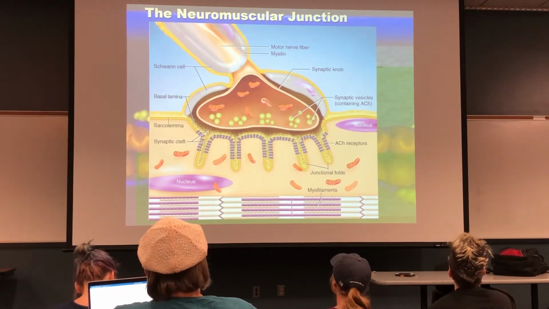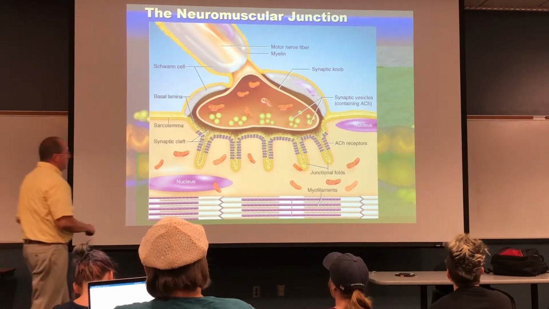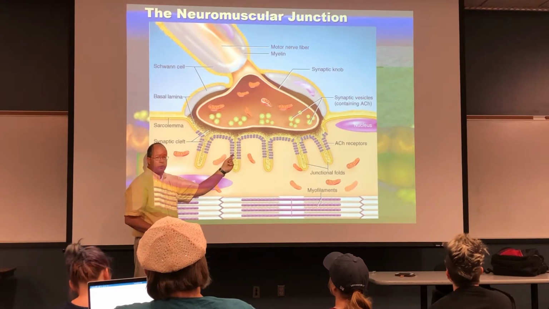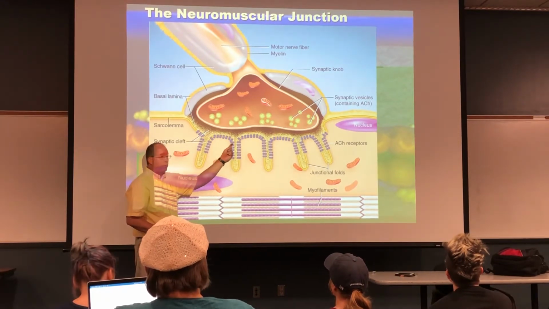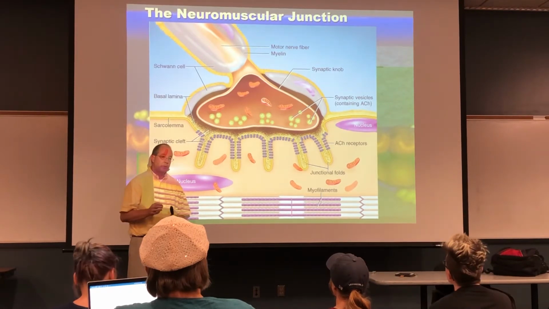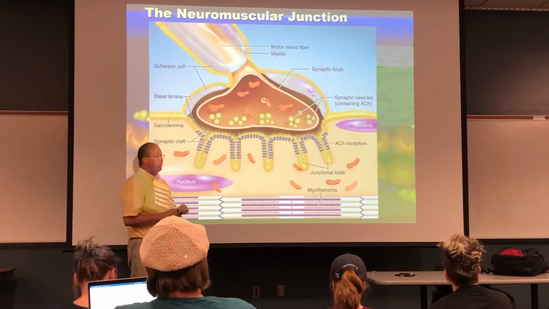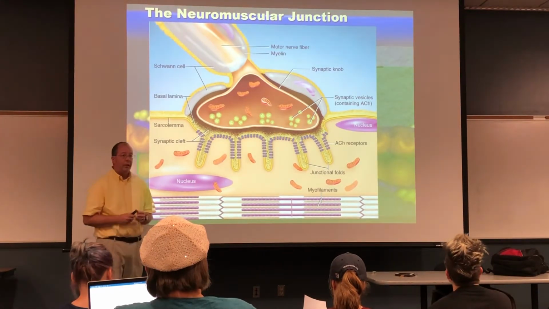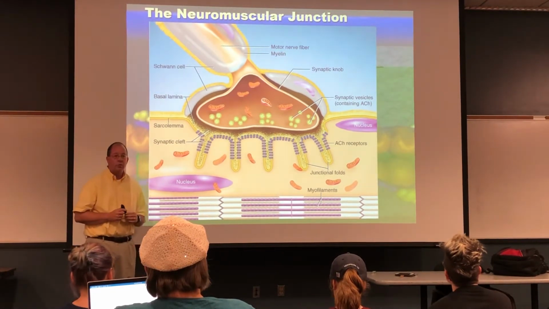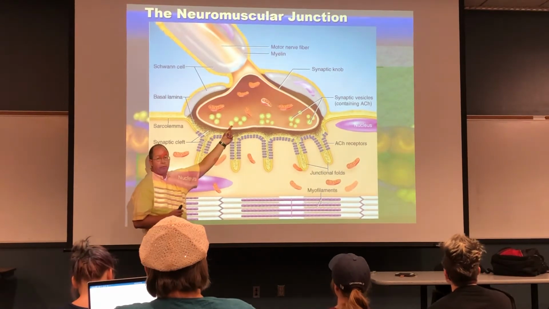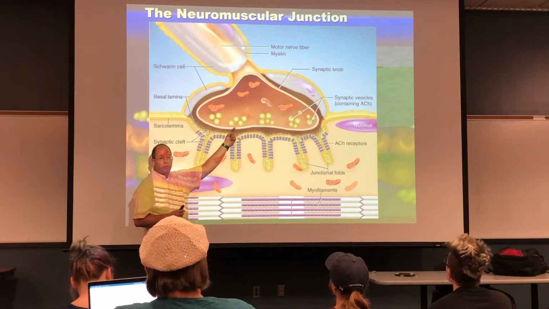But one of the most important parts of today's lecture is the fact that on the sarcolemma, we have, what color is this thing, purple? We have these little purple rectangles, and these represent receptors. So when we have communication between a nerve cell and whatever, you have to have receptors. And the receptors have to be specific to these little specks in these sacs.